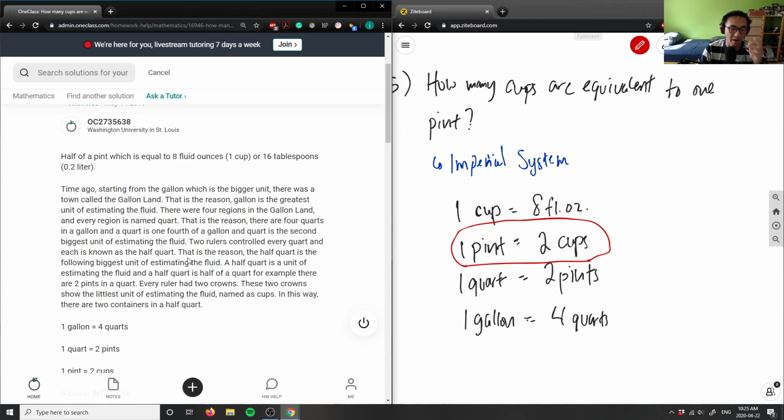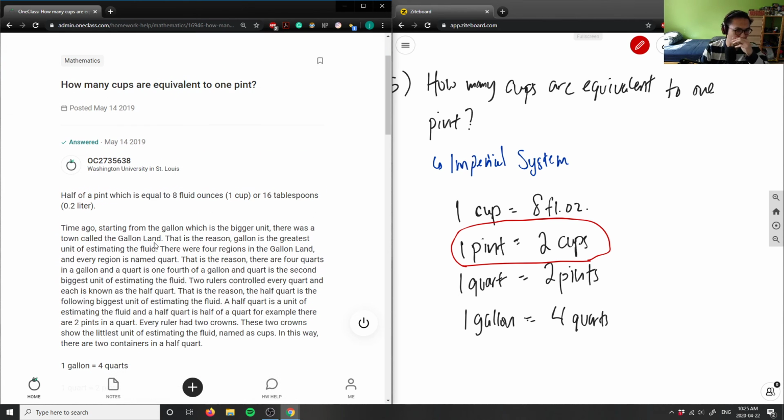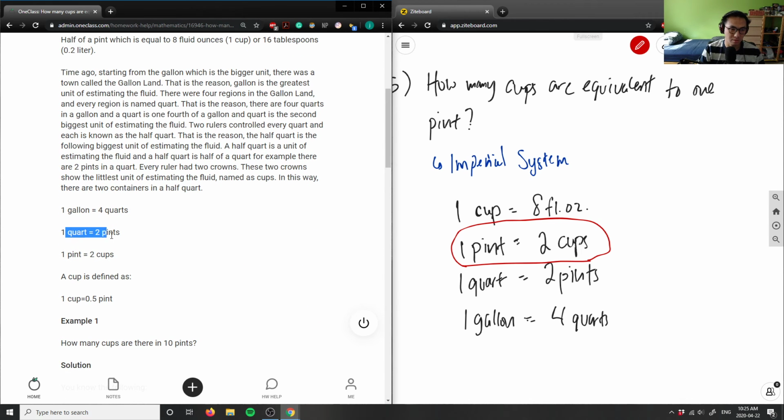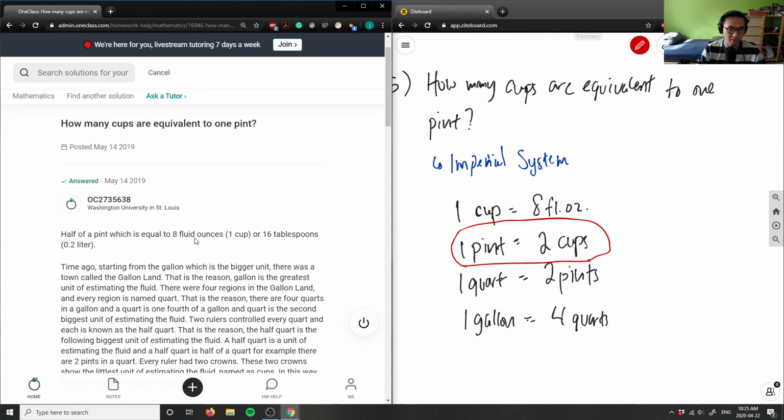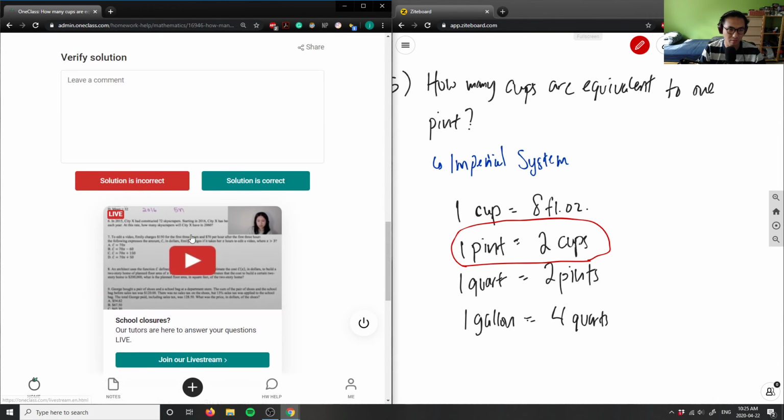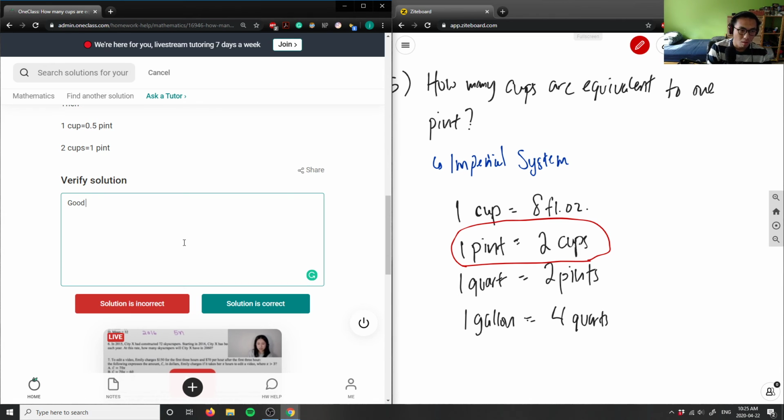I don't think they stated the solution clearly. They just had half a pint equals 1 cup, but the question asks how many cups are equivalent to 1 pint. This here is the solution: 1 pint equals 2 cups. I think it's in there, so good solution, but not stated clearly.